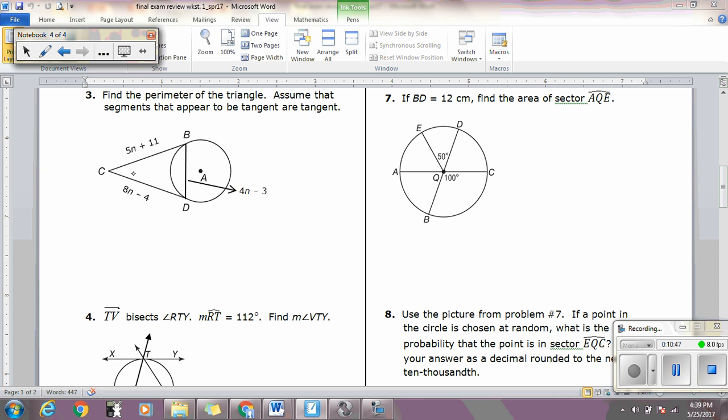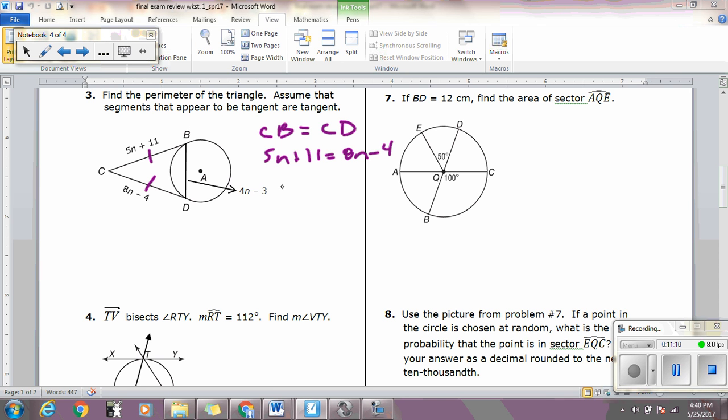Now, when you have two tangents meeting outside of the circle at the same point, those two tangents are going to be congruent. So CB is congruent to CD. So that means I can put 5n plus 11 equal to 8n minus 4.